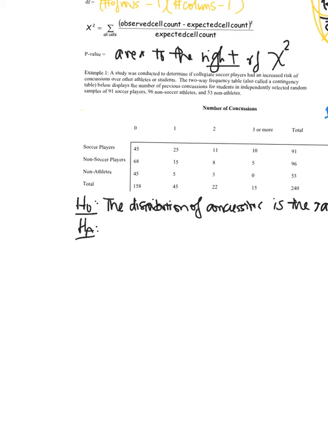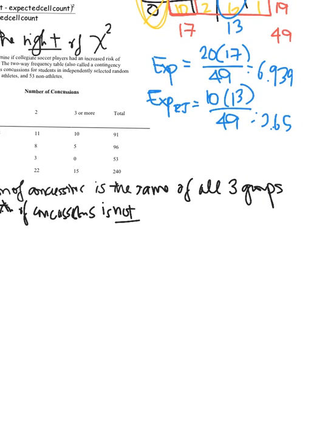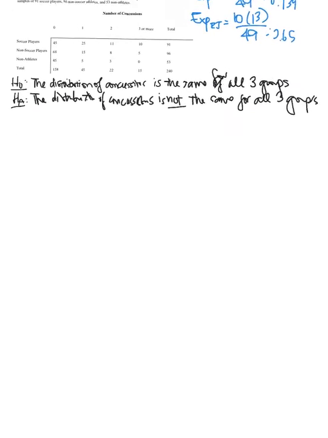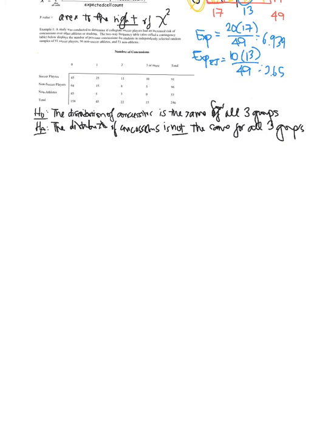And then our alternative is just going to be the opposite: the distribution of concussions is not the same for all 3 groups. So that is our first step, to set up the hypotheses in sentences.